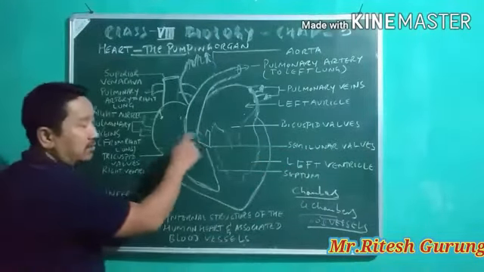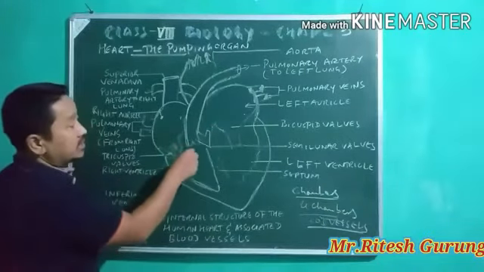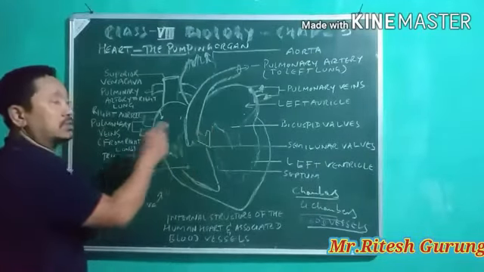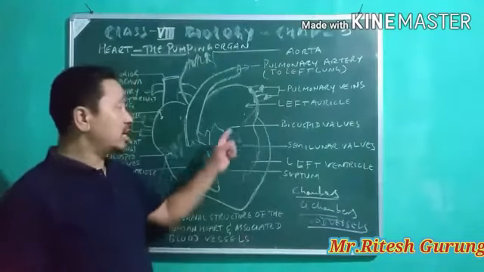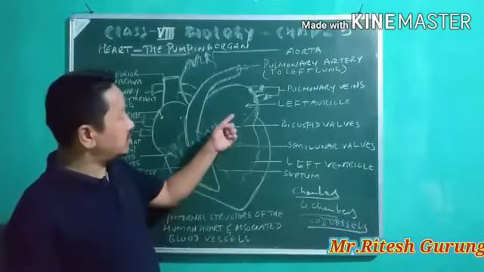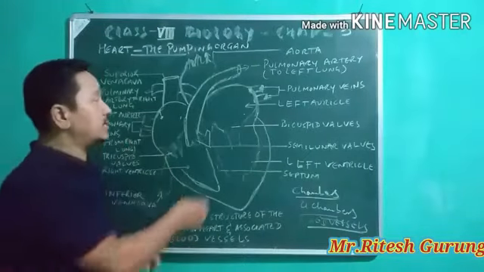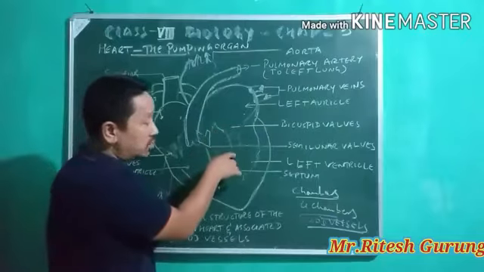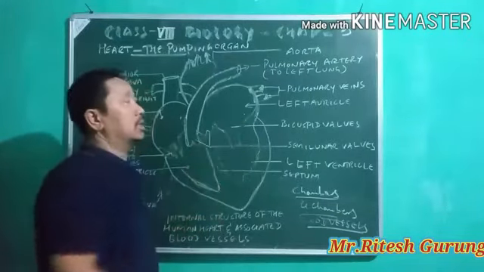So all the valves present between these two chambers, and in the opening of these two types of arteries, have their own functions. The valve between the chambers makes sure that once the blood flows downward to the ventricle, it will not flow back to the auricle.